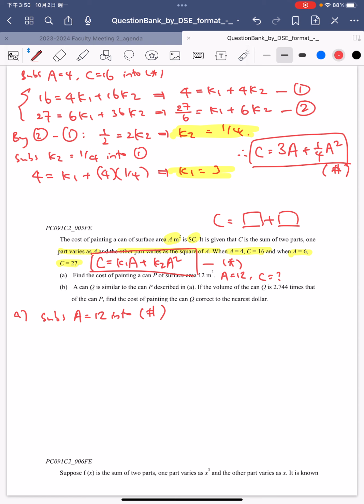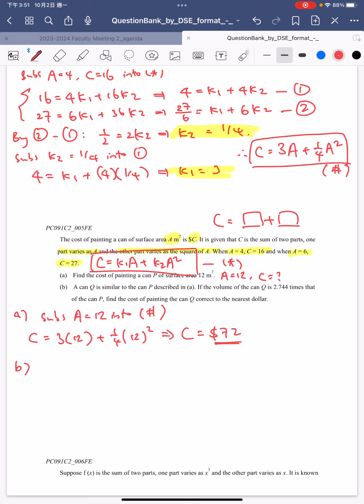So now C is equal to 3 times 12 plus a quarter times 12 squared. Using a calculator, you can find that C is equal to 3 times 12 plus 12 squared divided by 4, which gives you 72.